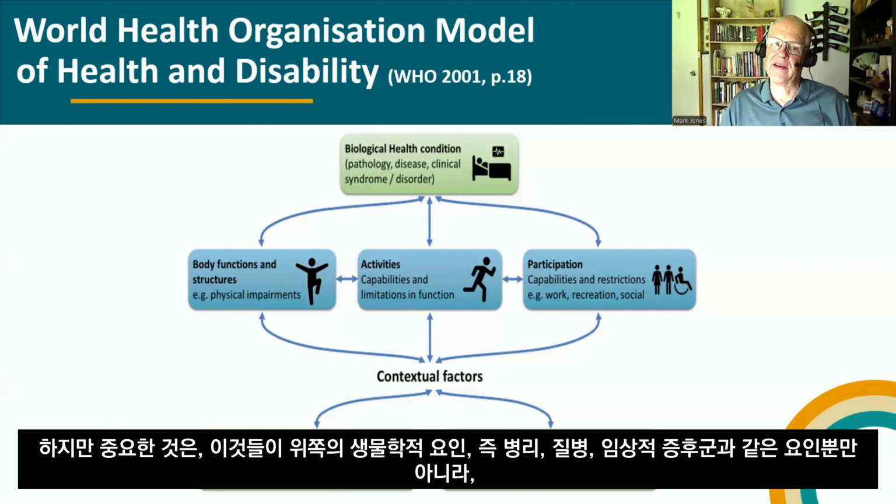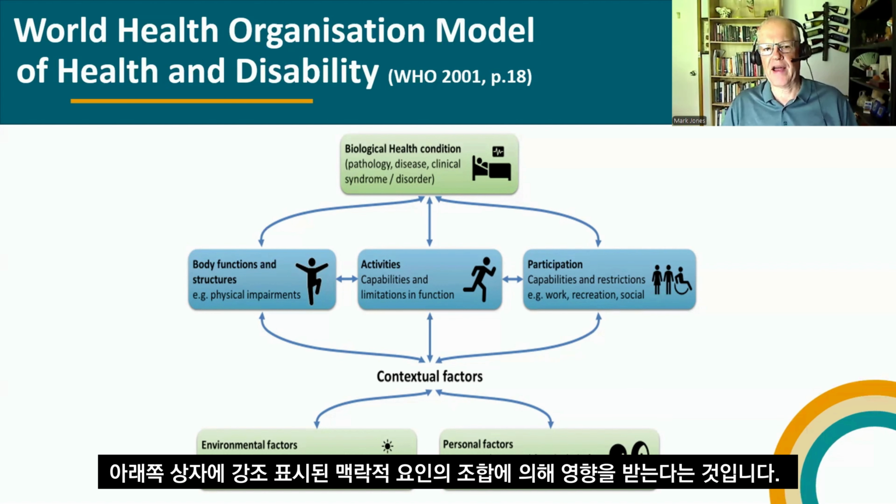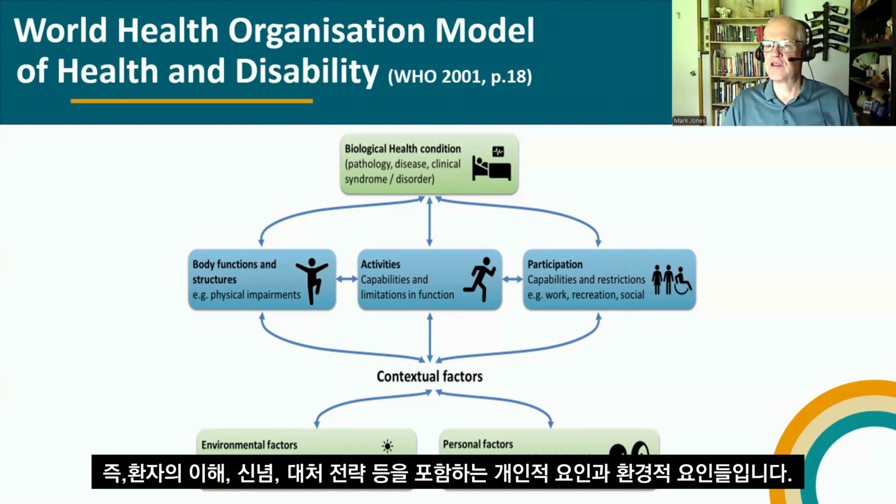But importantly, that's going to be influenced by a combination of the biological factors at the top, so the pathology of the disease, the clinical syndrome, for example, but also the contextual factors highlighted in the boxes at the bottom. So the personal factors that incorporate the patient's understanding, beliefs, coping strategy, and others, and the environmental factors, both the physical and the social environment.